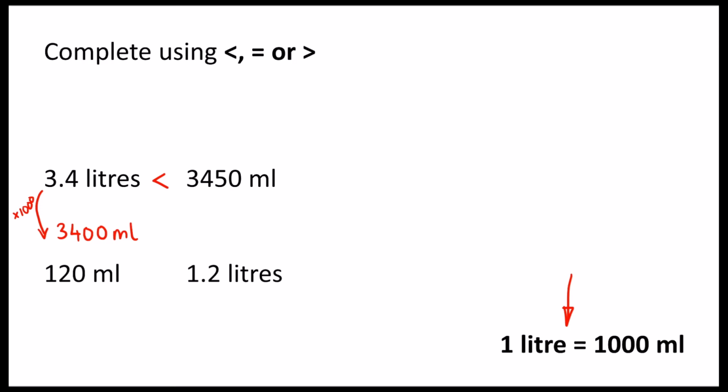In my second example, again using the fact that 1 litre is 1,000 millilitres, I can times 1.2 by 1,000 to say that 1.2 litres is the same as 1,200 millilitres. I know that 120 is less than 1,200, so I can say 120 millilitres is less than 1.2 litres.